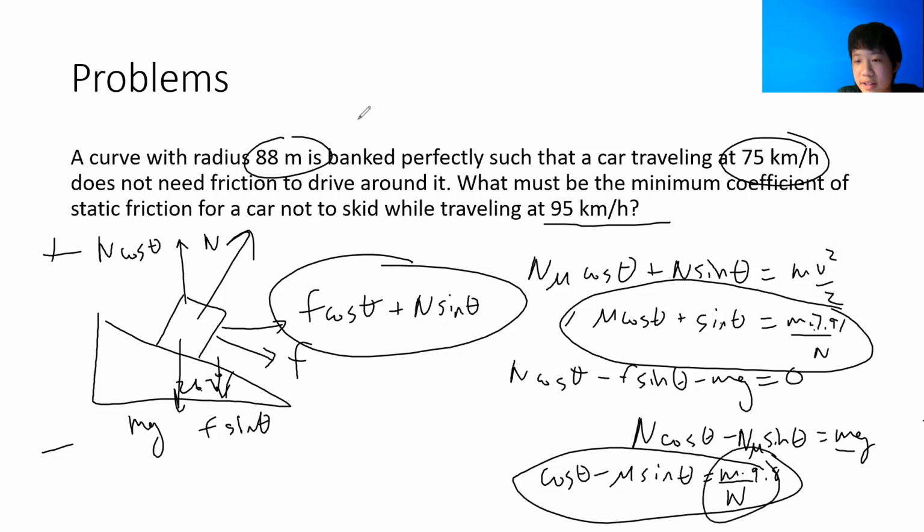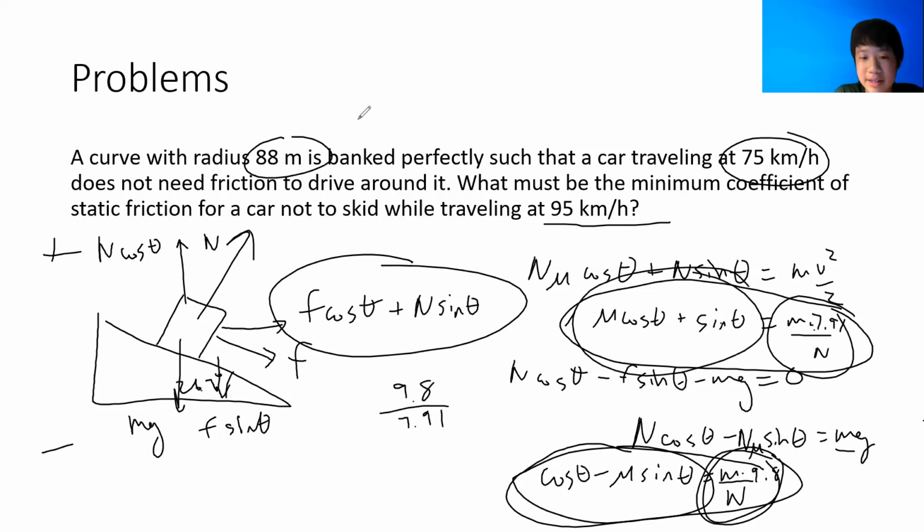As you can see here, this equation has been multiplied by some factor to get to this one, right? By a factor of 9.8 over 7.91. So that means cosine theta minus mu sine theta, so this one times 9.8 over 7.91 equals cosine theta minus mu sine theta. So this actually equals this multiplied by mu cosine theta plus sine theta equals cosine theta minus mu sine theta.